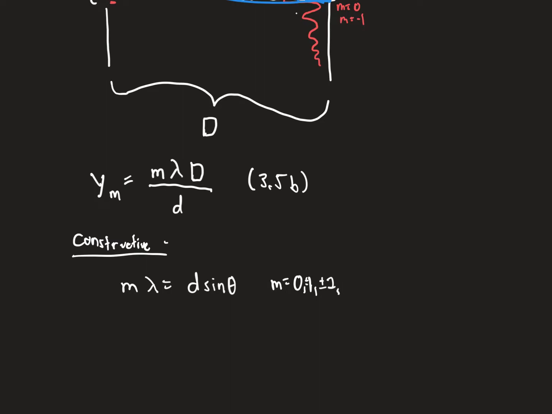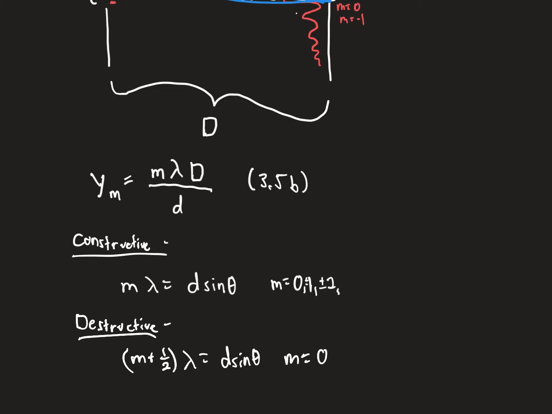If I want the waves to cancel each other out, I get destructive interference. Again, this is all just a review of all the stuff that's already in the lecture video. We have m plus 1/2 times the wavelength equals d sine theta.